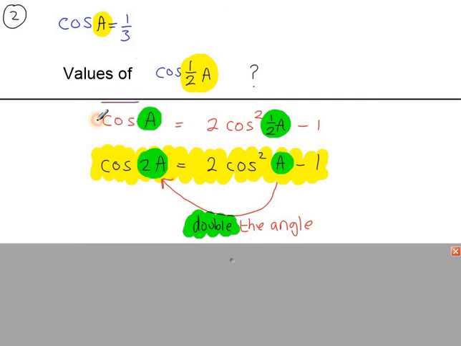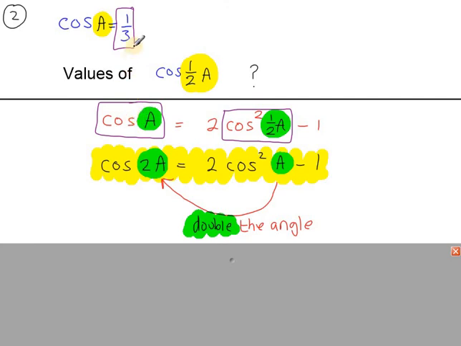So this is 1/3, so I need to replace this with 1/3, and this without the square is what we're looking for. So we need to rearrange this, and then at some point we're going to square root to get rid of that square. All we want is the cos 1/2 A without the square.